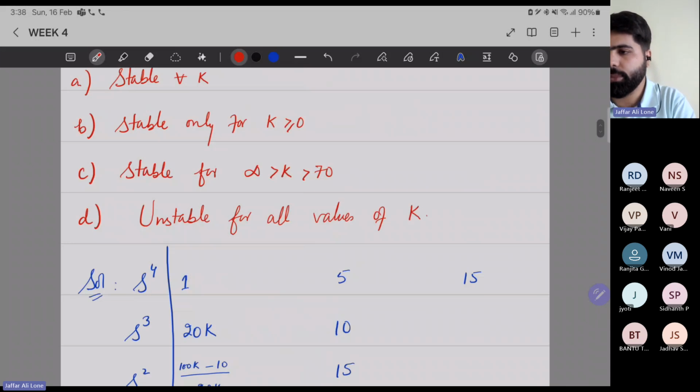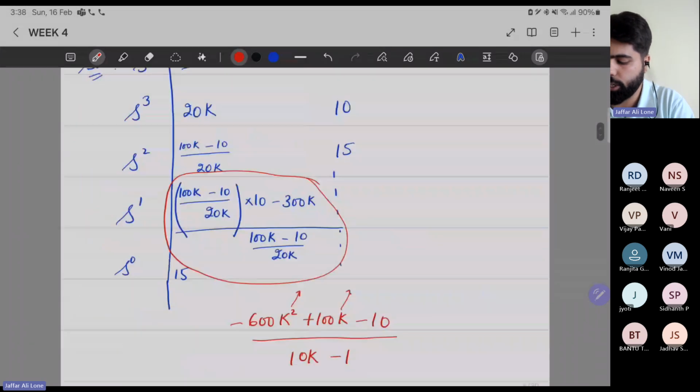So when this term is negative, it means there is at least one pole in the right half plane, and we don't care about the other poles. If we have one pole in the right half plane, we're done. The system is unstable. No need to check for other things. We're done. System is unstable. It cannot be marginally stable or stable.